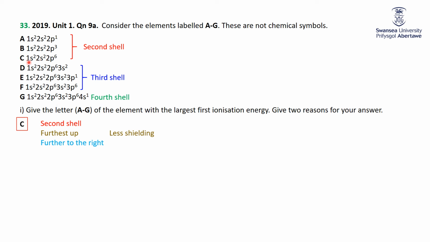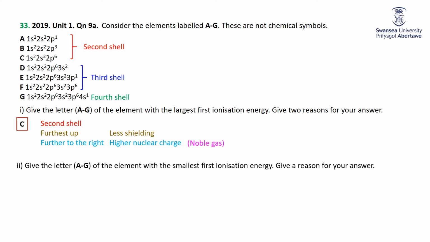C has got the highest nuclear charge of A, B and C, and so the nucleus is going to hold on to those second shell electrons better in C than in B, and better in B than in A. And of course, if you think about it, C is a noble gas, it's neon. So therefore it's going to have the highest first ionization energy.